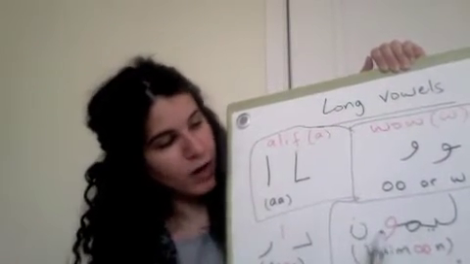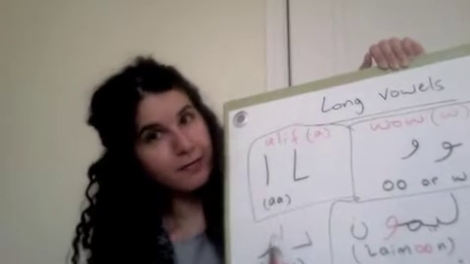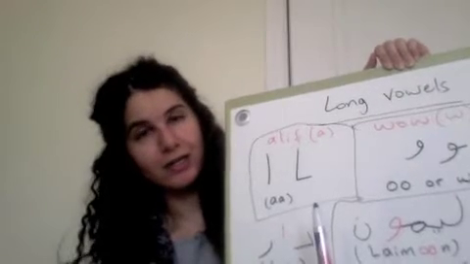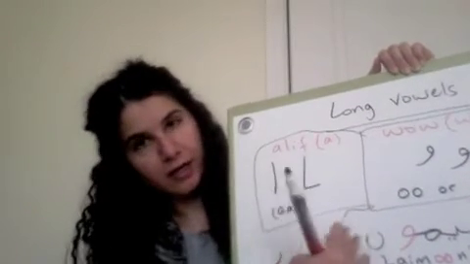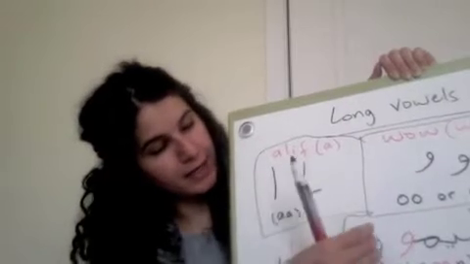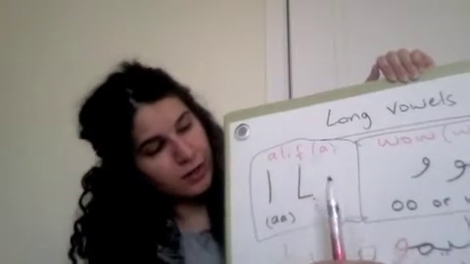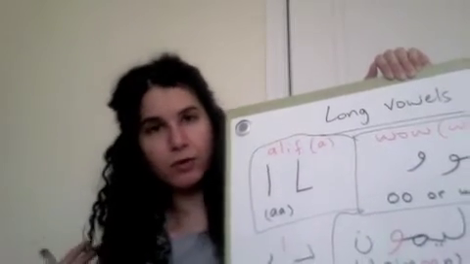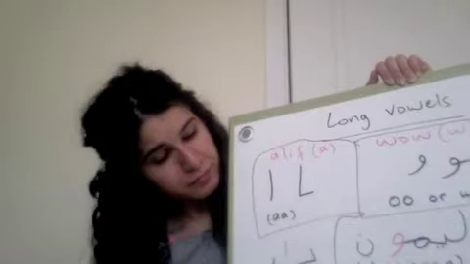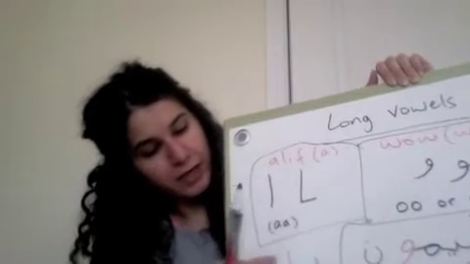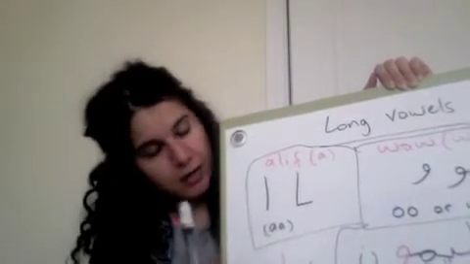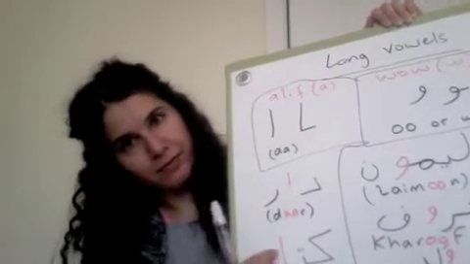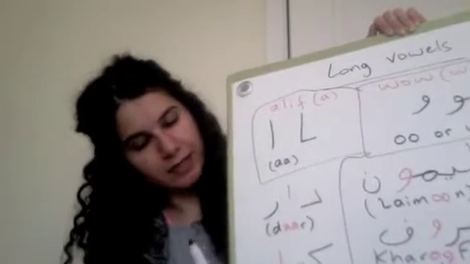That's because the wow, just like the alif, does not touch the letters that come to its left. Any letter that comes right after it, you're going to see a space between them. Even though most of our alphabet is connected, the waw and the alif do not touch the letter that comes right after them. There's a space right here.